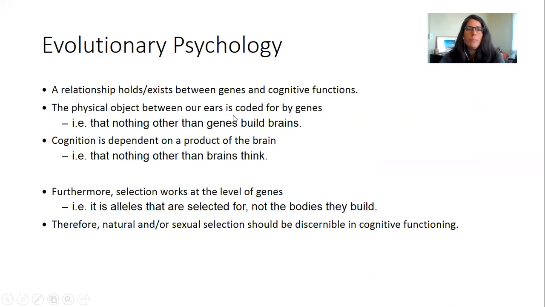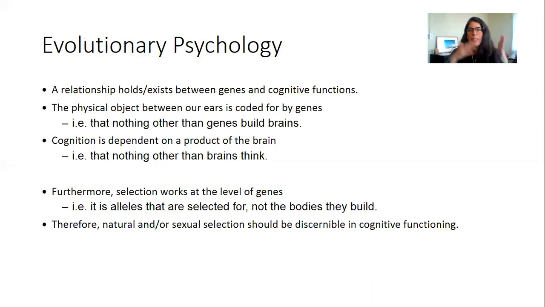Now, the subdiscipline of psychology, evolutionary psychology, is looking at this relationship between genes and cognitive functions. So the development of our brains is coded for by our genetic material, right? And there's nothing other than genes that build our brains. And cognition, our thoughts, our judgments, our decisions, our actions, is dependent on the brain, right?